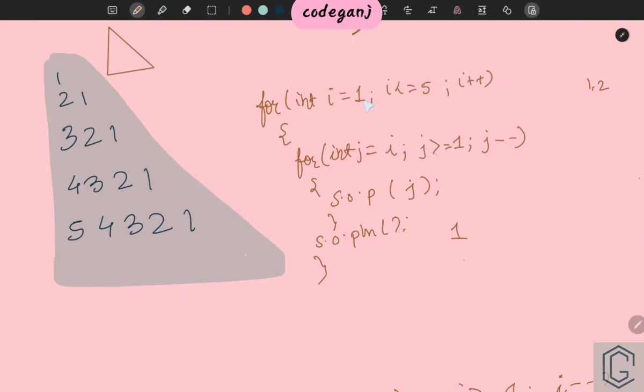Next time the value of i will become 2, so j is 2, and 2 is greater than equals to 1, so this will print 2, and next time it will become 1, so it will print 1 also, next time it will become 0, this condition will become false.